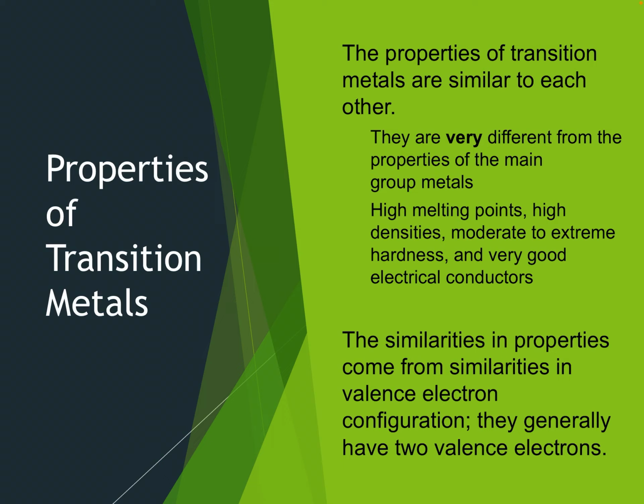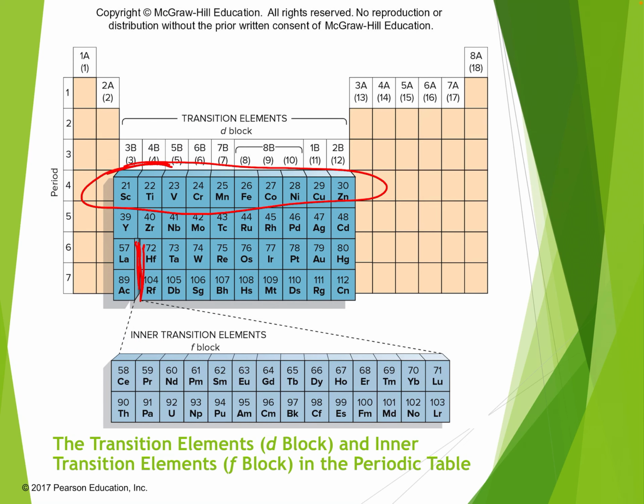And so I have here that they generally have 2 valence electrons. And you may be thinking to yourself, well, that's not right. As we go across the periodic table, they're gaining more electrons. And you're right, but if you recall, let's say these elements in this top row here, they would have 4s electrons, and then the rest of the electrons are added to the 3d energy level, right? Because the d block is numbered differently.